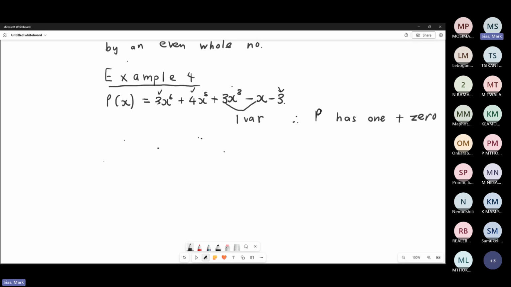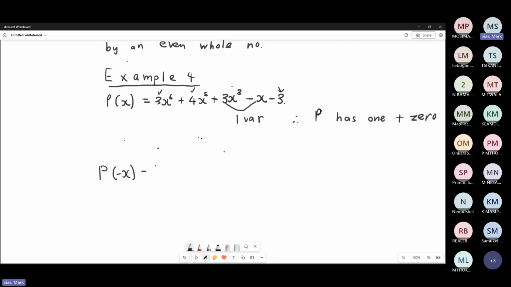So we will substitute minus x wherever we see x. We know what a negative is to an even number: it's positive. And to an odd number, it's negative, right? So there you can see 3 times negative x to the 6, which will just be positive.